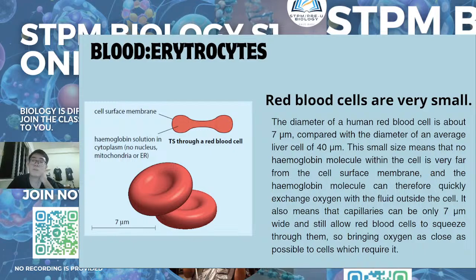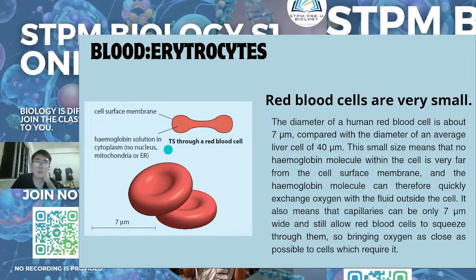Also, the red blood cells are very small compared to the leukocyte, which is bigger. Normally a red blood cell is only 7 micrometers. This small size means that no hemoglobin within the cell is very far from the surface membrane. The hemoglobin molecules can therefore quickly exchange oxygen with the fluid outside the cell.